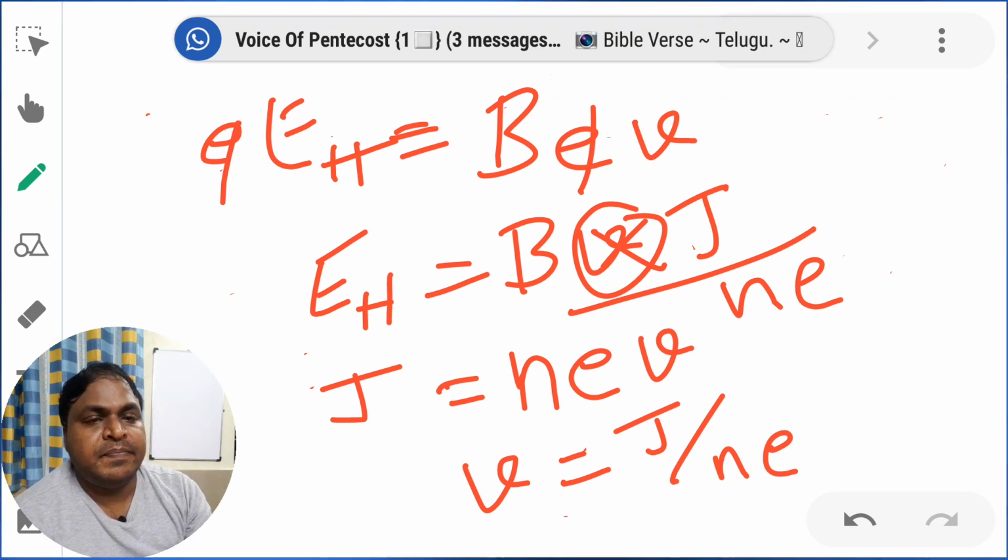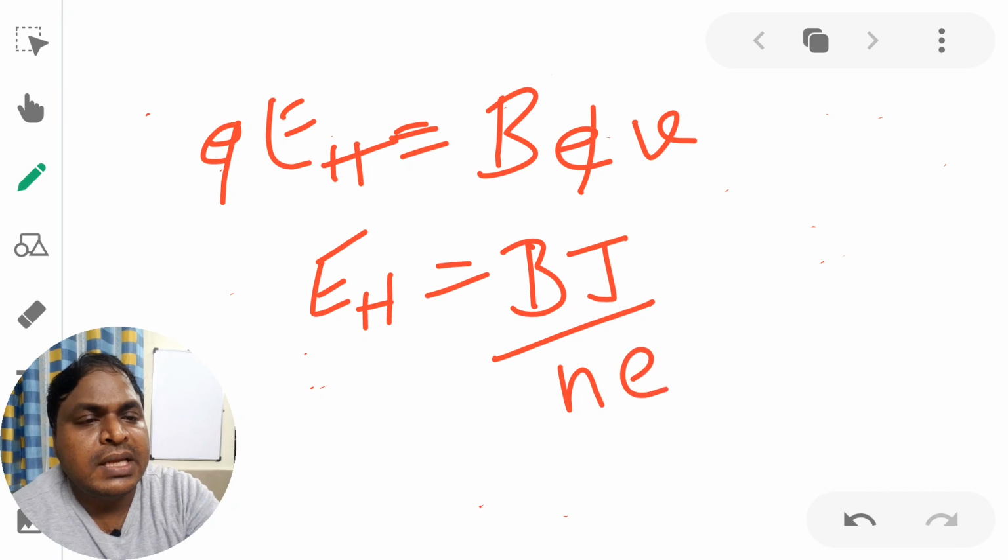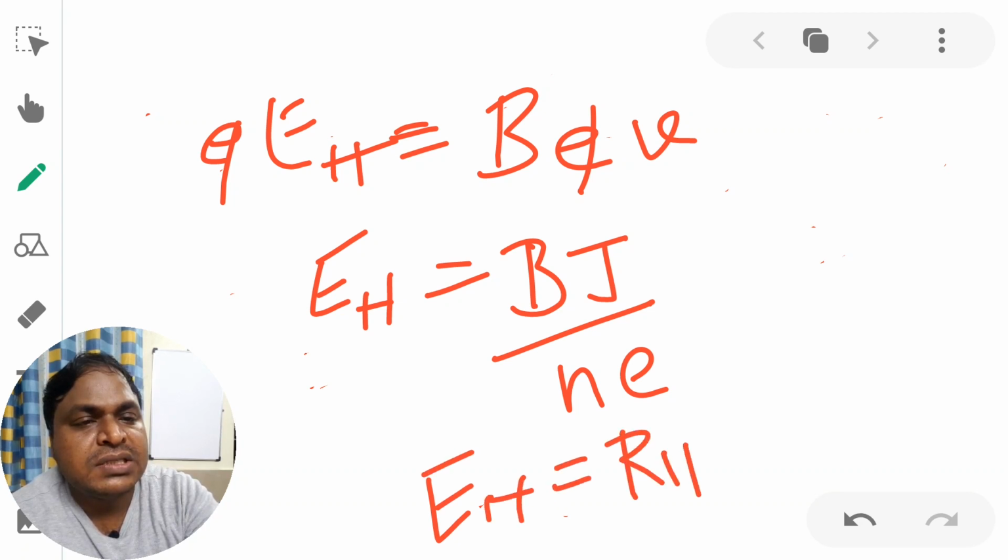EH will be BJ by Ne. Okay, this 1 by Ne is nothing but the Hall coefficient, RH into BJ.